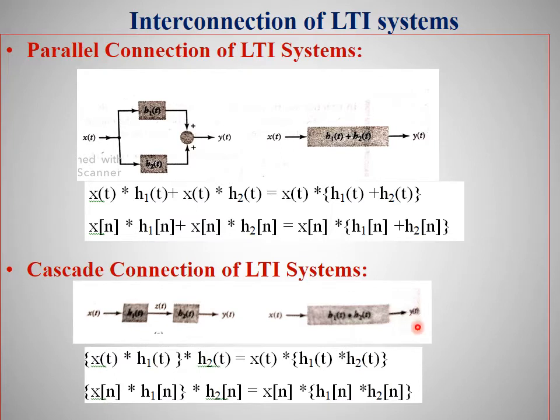Let us go on to this particular expression. First stage, we are convolving x of t and h1 of t, giving us x of t convolved with h1 of t. Next, we are convolving the net result with h2 of t, that is represented here as convolved with h2 of t. This could also be represented as x of t convolved with h1 of t convolved with h2 of t.